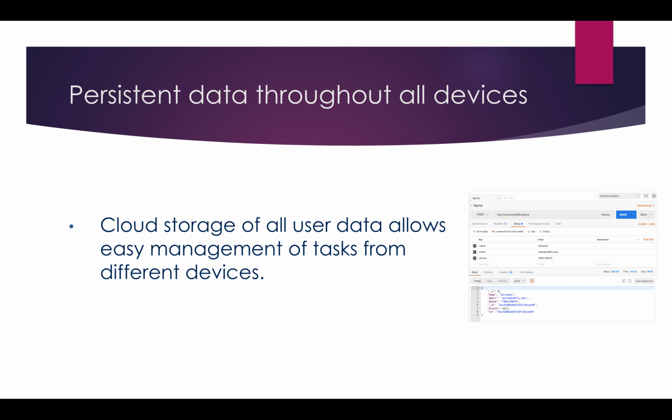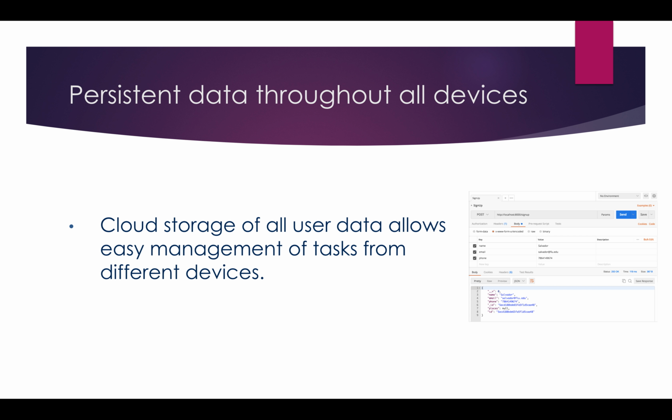We first try to allow users to have persistent data across all devices. That means the user can have the same itinerary on several devices. In order to do this, we implemented a database using mLab, which is MongoDB.